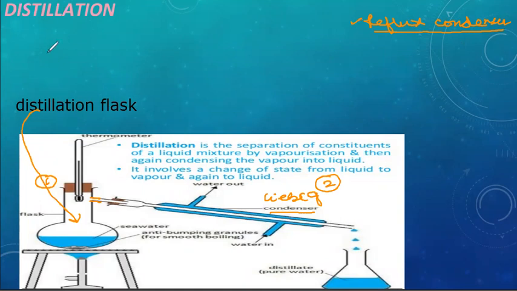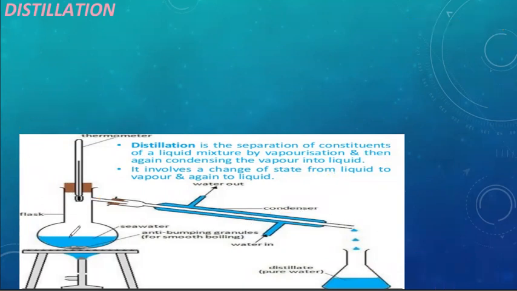So this distillation setup has three basic apparatus. Number one, a distillation flask. Number two, a Liebig condenser, and number three, your receiver flask. All these are attached exactly the same way as shown in this setup. In the distillation flask, we have a mixture, marked in blue, which is basically seawater.